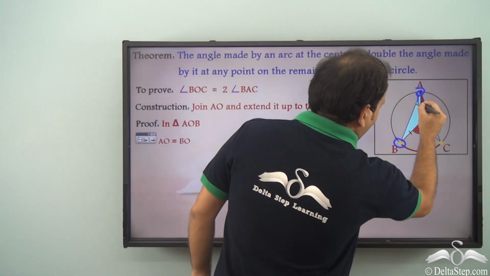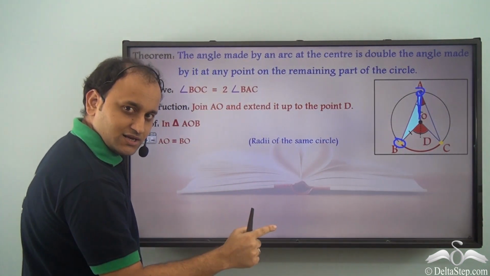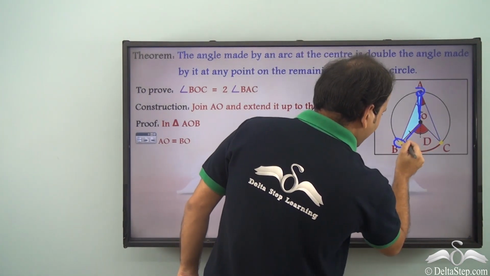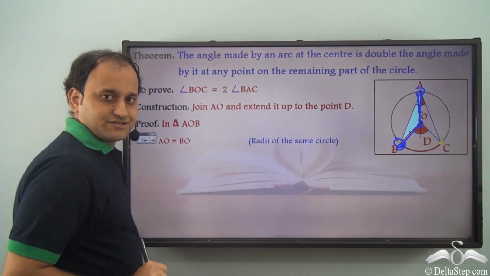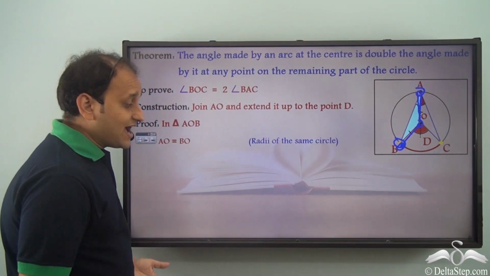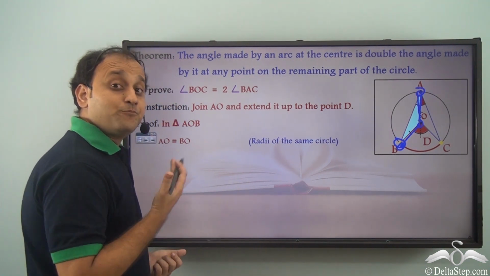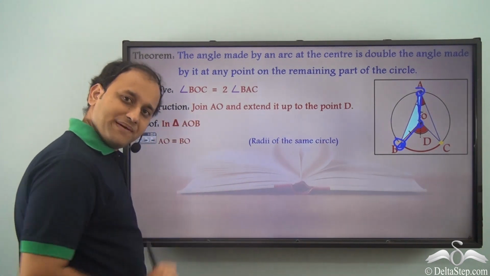So, AO is a line segment joining a point on the circle and the center. Similarly, BO is also a line segment joining a point on the circle and the center. So, both are radii of the same circle. So, the length of both of these will be same. So, AO is equal to BO.